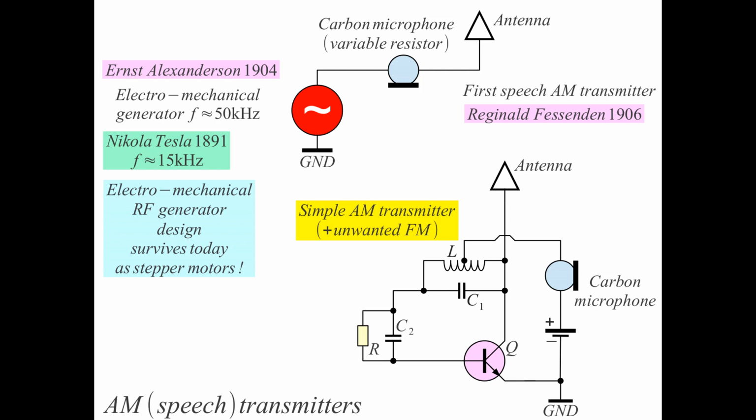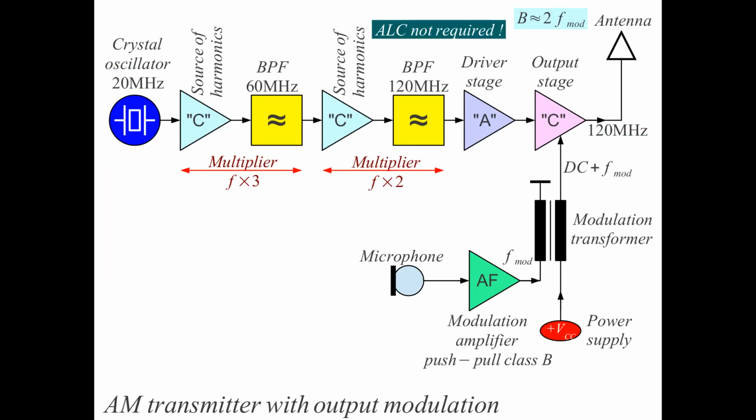A more practical way of building an amplitude modulation transmitter is something that does not require complex mechanical devices, that can be built completely in an electronic fashion. So amplitude modulation today is still being used in the 120 megahertz frequency range, and this is used on board civilian aircraft.